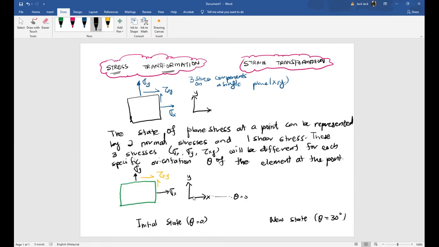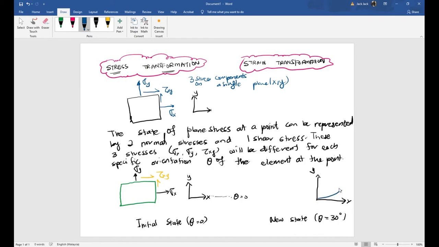So what happens if this xy axis is rotated counterclockwise with theta equal to 30 degrees? This is your original xy axis, and at the same time your new xy axis is rotated by theta counterclockwise.